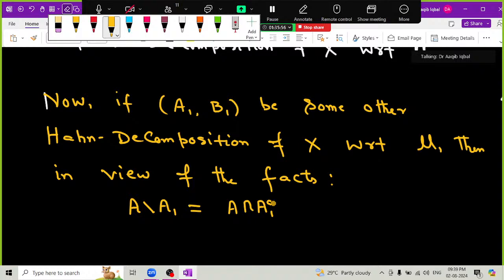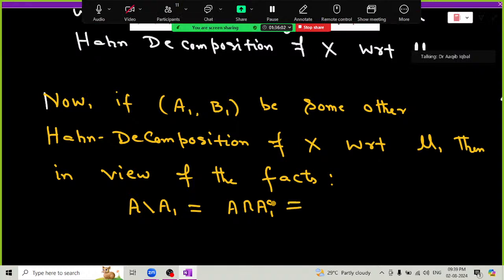A1 complement is B1, so it is A intersected with B1, and this is clearly contained in B1 because it's a part of B1. ठीक. इसी तरह से अगर आप वो दूसरी डिफरेंस लेंगे which is A1 minus A, इसको भी आप ऐसे लिख सकते हैं.